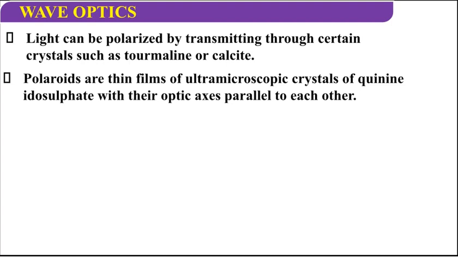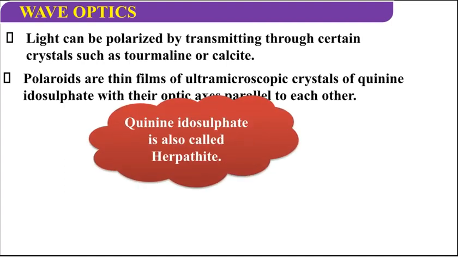Polaroids are thin films of ultramicroscopic crystals of quinine iodosulfate with their optic axes parallel to each other. Quinine iodosulfate is called herapathite.